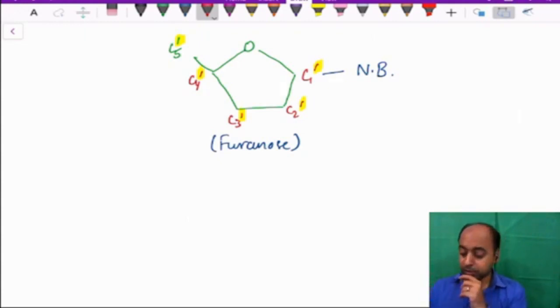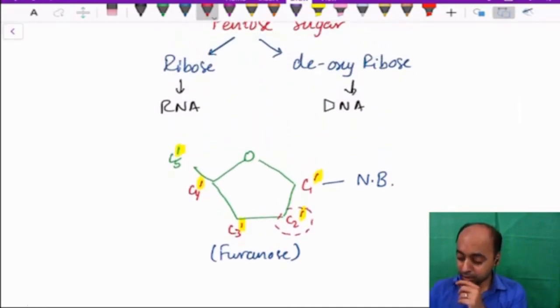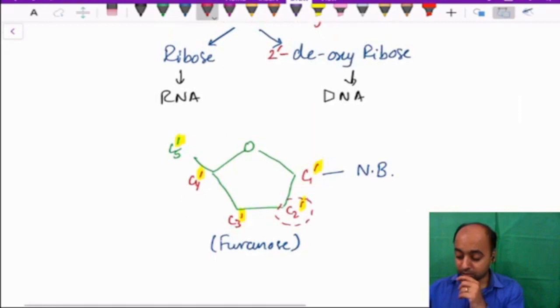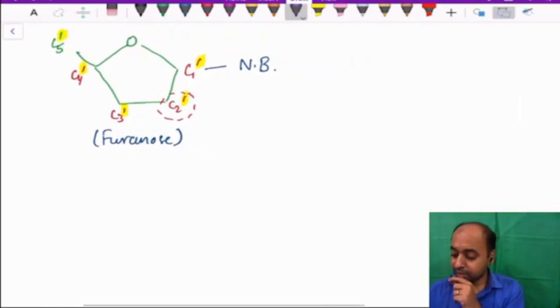And please note that the deoxygenation is seen at carbon 2 in the deoxyribose. So the correct name should be 2 dash deoxyribose. For the DNA, the name of the sugar would be 2 dash deoxyribose. The nitrogenous base is always attached at carbon 1 dash, but for purine and pyrimidine, the point of attachment is different.